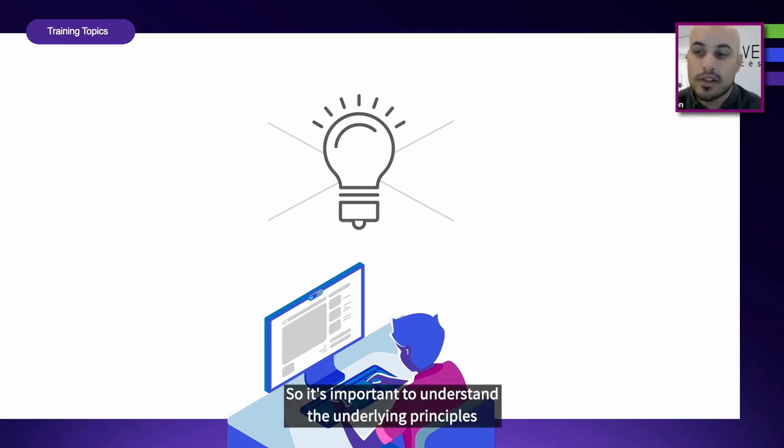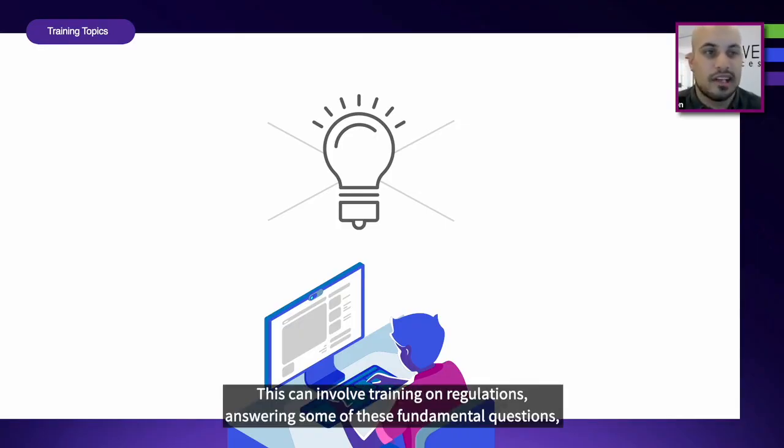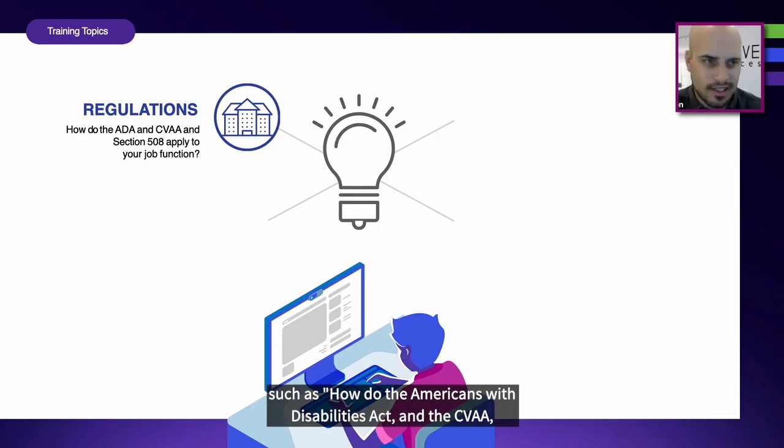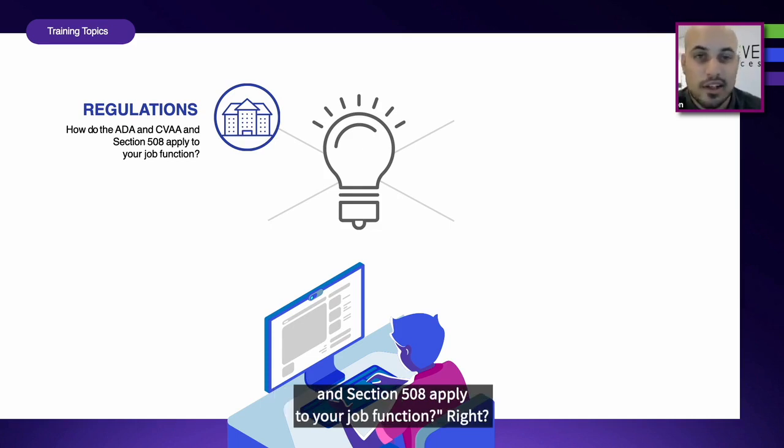So it's important to understand the underlying principles of how people with disabilities interact with technology, in addition to the main tenets of accessibility training itself. This can involve training on regulations, answering some of these fundamental questions, such as how do the Americans with Disabilities Act and the CVAA, the 21st Century Communication and Video Accessibility Act, and Section 508 apply to your job function, right?